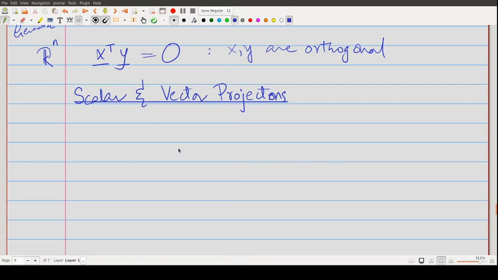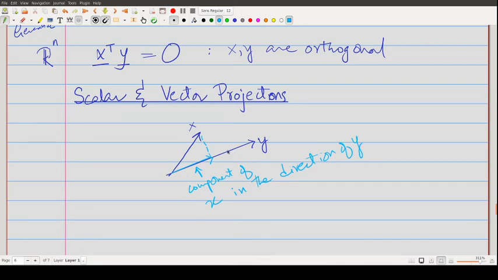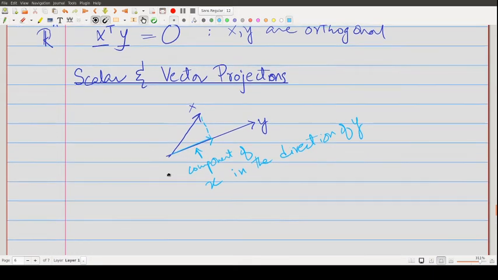Let's suppose you had two vectors, vector x and another vector y, and what you wanted was the component of x in the direction of y. This is also called the projection, and the way to find this projection is as follows.